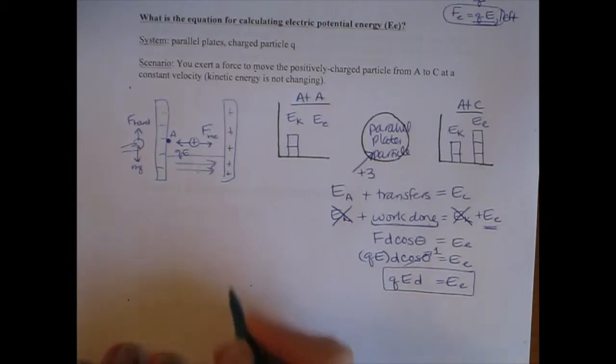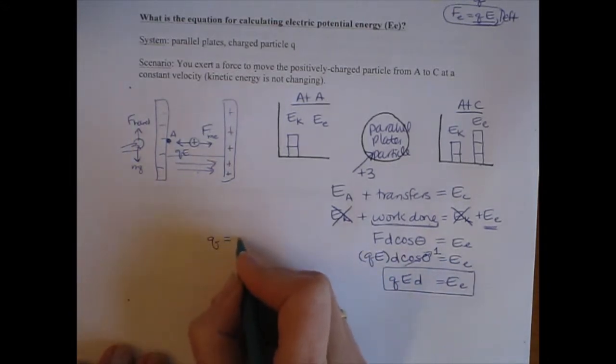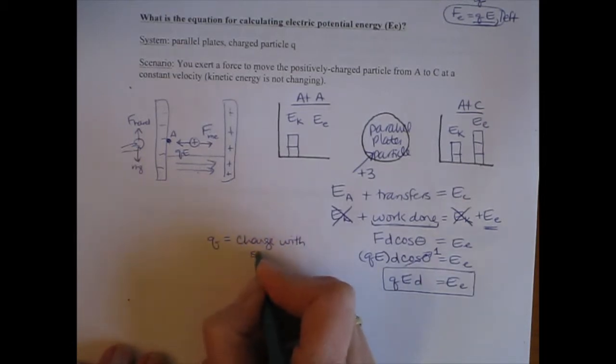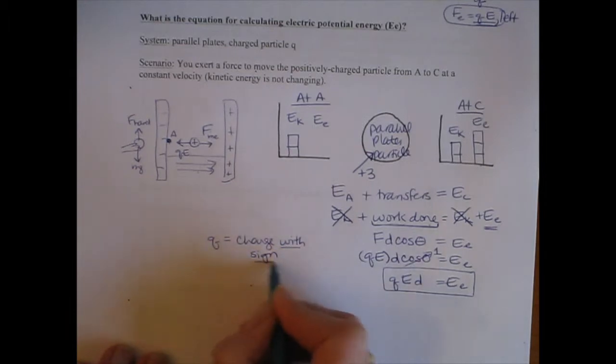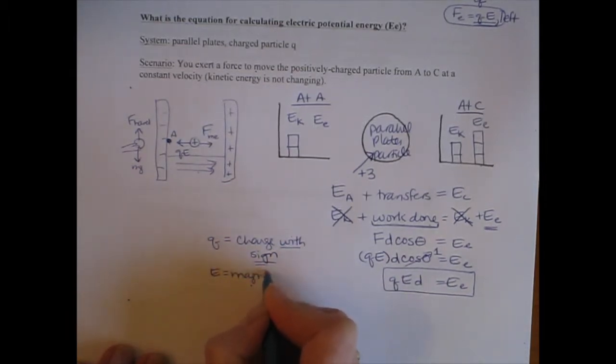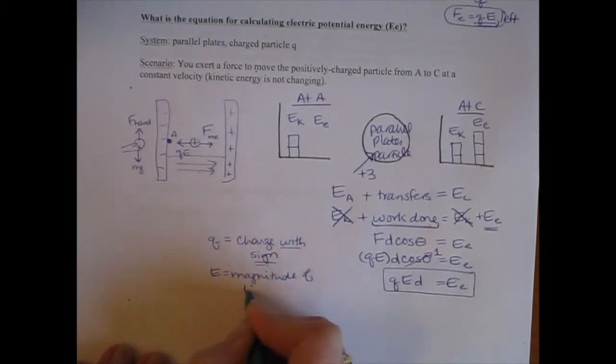And it's important to know what to put in for these different things. For Q, you need to put in the charge, and you need to put it in with its sign. So if it's negative, be sure you put in the negative sign. E is just the magnitude of the electric field. So don't put any positives or negatives for that.